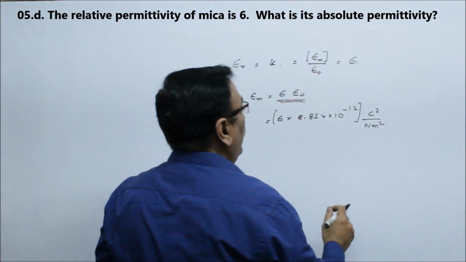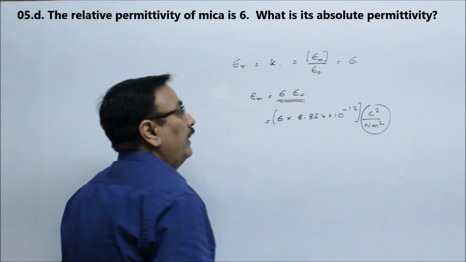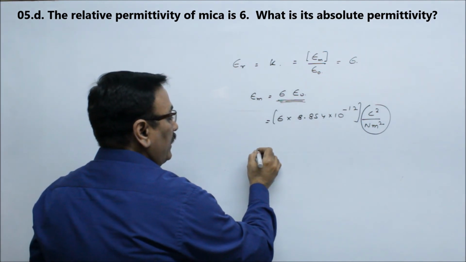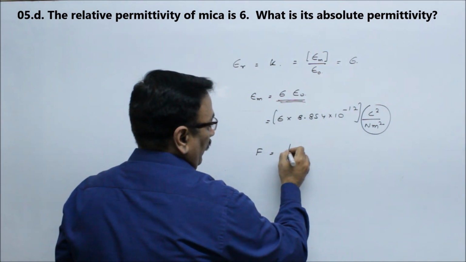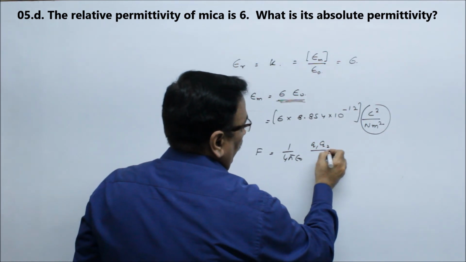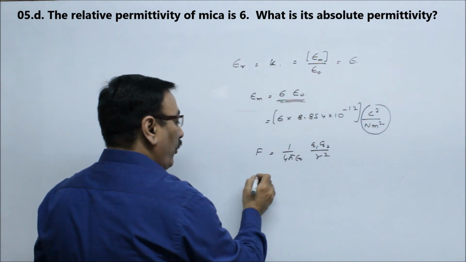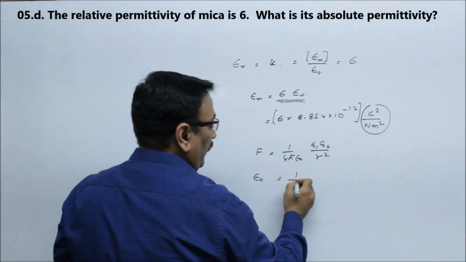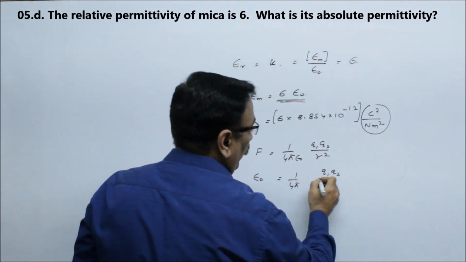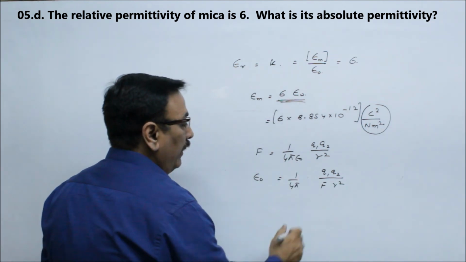Now, sometimes people get confused about the unit of permittivity. In case there is any confusion, always recall this formula. We take epsilon naught to this side and we get 1 over 4 pi, Q1 Q2, and F R square, with F in the denominator.